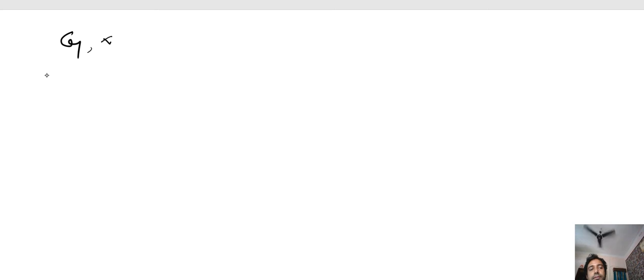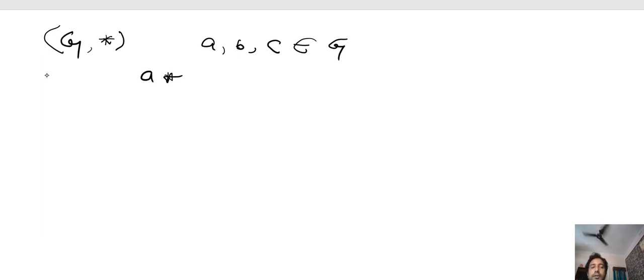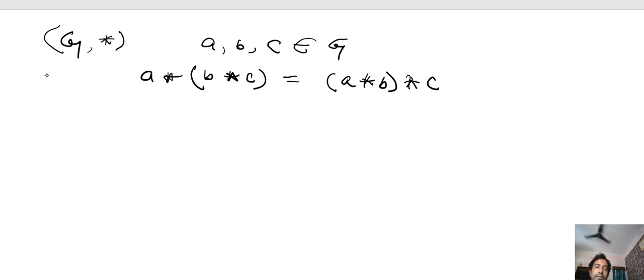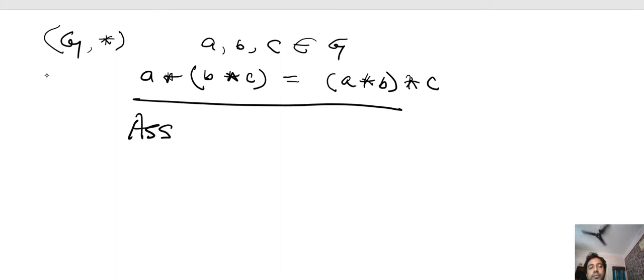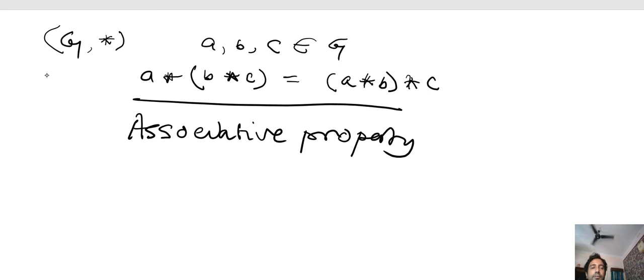Next. This is an algebraic structure, and A, B, C are three elements of G, and A star B within bracket star C is equal to A star within bracket B star C. This is the associative property. This is one property.